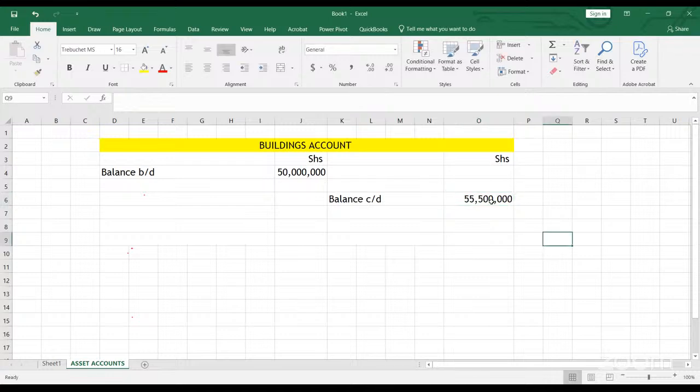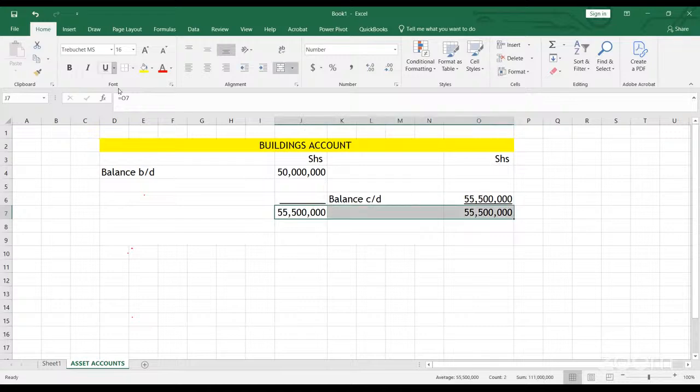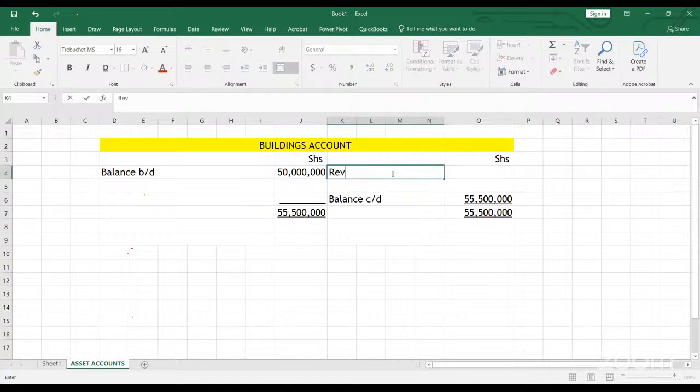Now, in this case, what do we have? Do we have a revaluation gain or a revaluation loss? Revaluation gain, sir. So we come here, we write a revaluation.